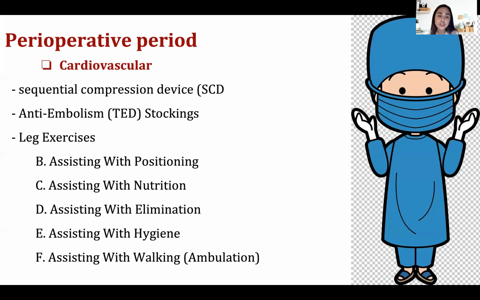And there are some operations where you cannot eat a regular diet immediately, like appendicitis. If you have an appendectomy, you cannot eat regular food immediately. You should start with NPO, then clear liquid diet, then full liquid diet, then soft diet, and then regular diet.